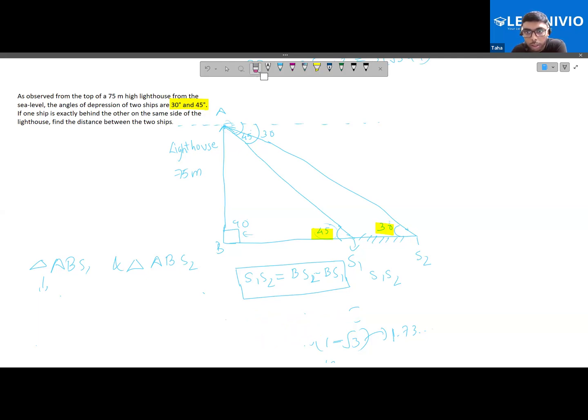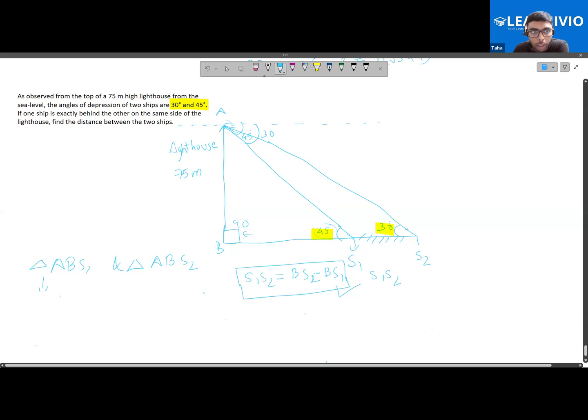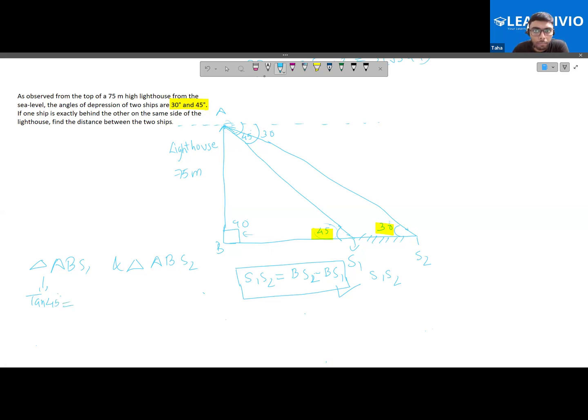So now this would make sense. Okay. So in triangle ABS1, tan 45 would be AB by BS1, right? And tan 30 is equal to AB by BS2. BS1 is equal to 75.